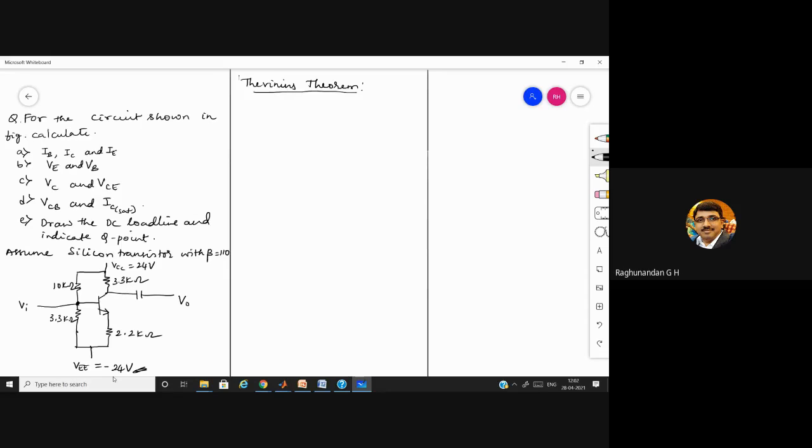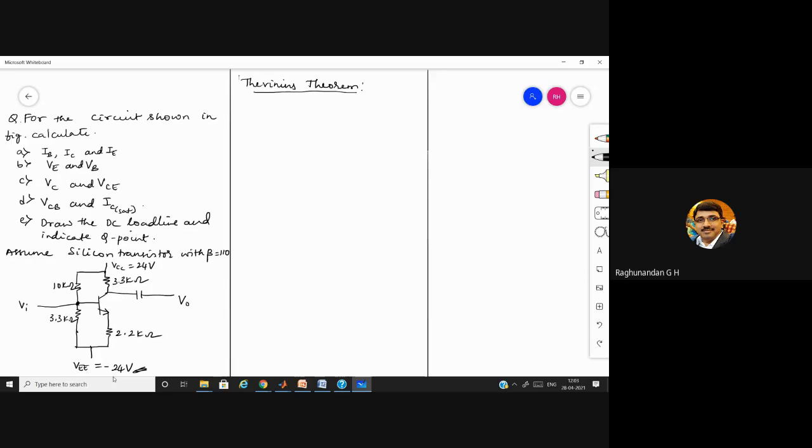As you know in the accurate analysis part, where do you apply the Thevenin's theorem, at the input side or at the output side? Sort of the voltage divider circuits at the input side.